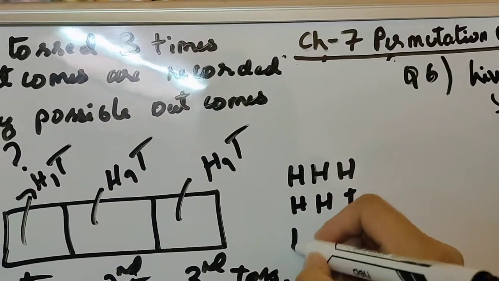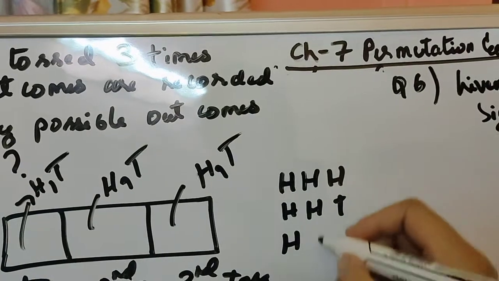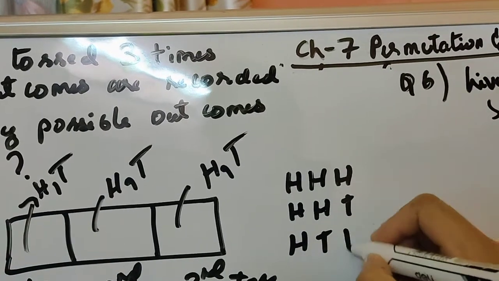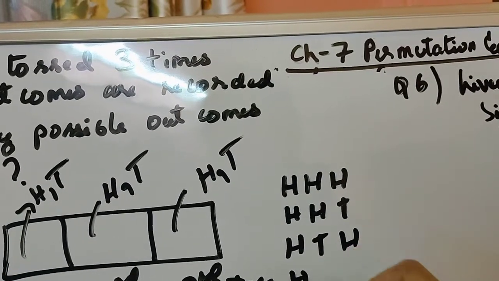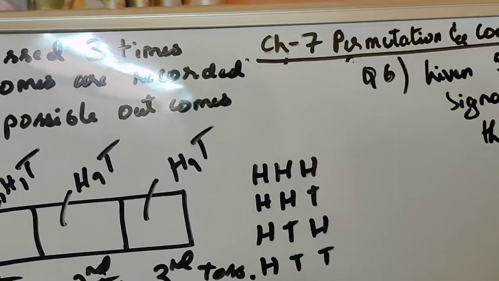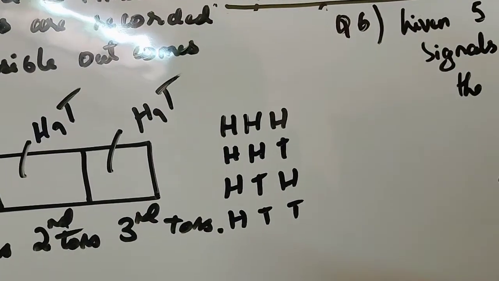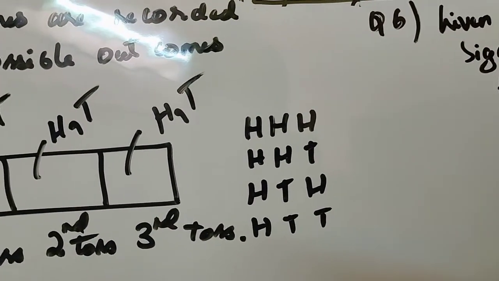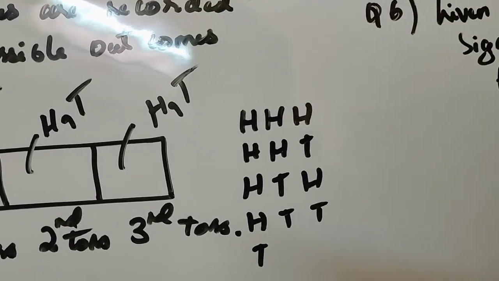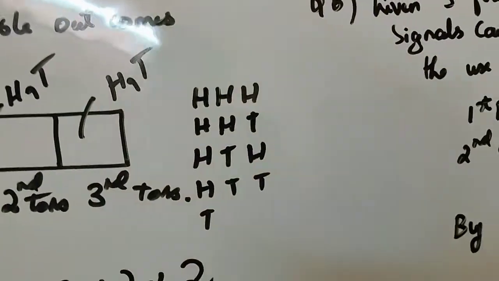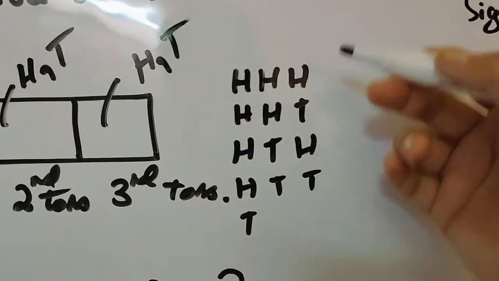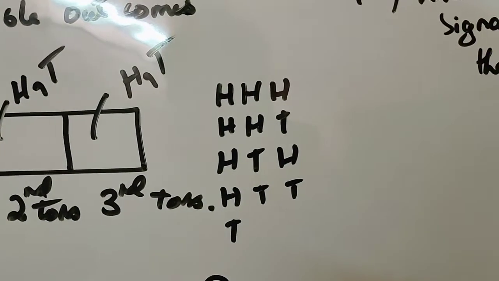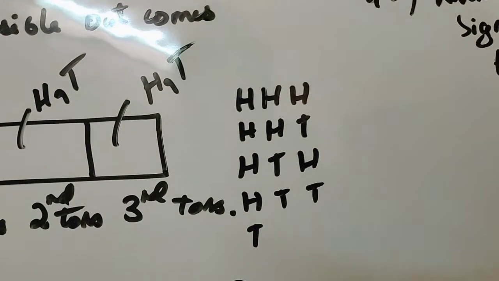Or in the second time you may get tail and then head, or tail and tail. You may get this way also, and the first you may get tail. So these are the combinations which we will get when we toss 3 times.